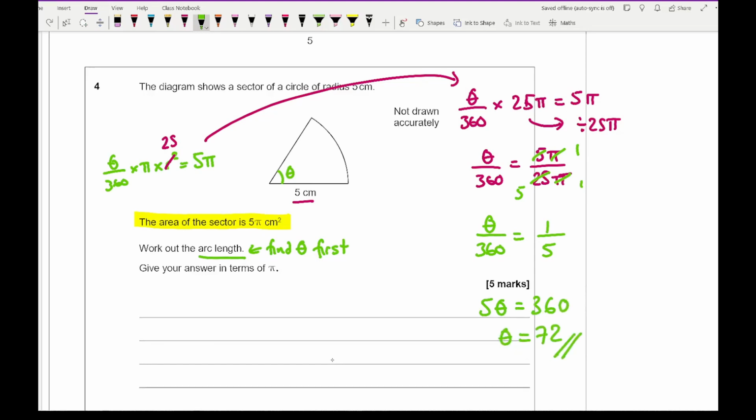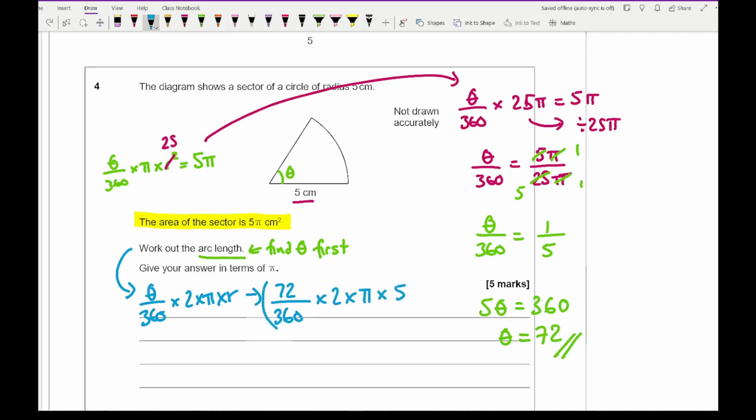Once I know that theta equals 72, I can then work out the arc length, which is theta over 360 times 2 times pi times r. So that becomes 72 over 360 multiplied by 2 multiplied by pi multiplied by 5.